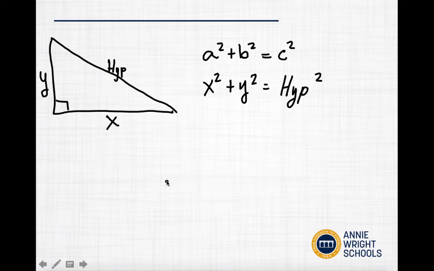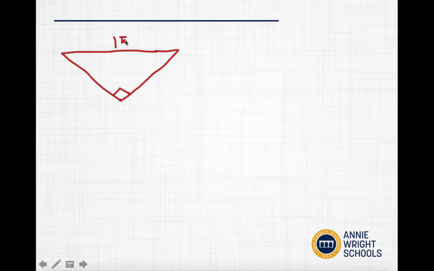Good? I can't stress enough the importance of just being able to find a missing side of a right triangle using the Pythagorean theorem. Let's do a practice problem. Let's do a hard one to start with. If I told you you had a right triangle and I said that the hypotenuse had a length of 15 and this side here was 9.